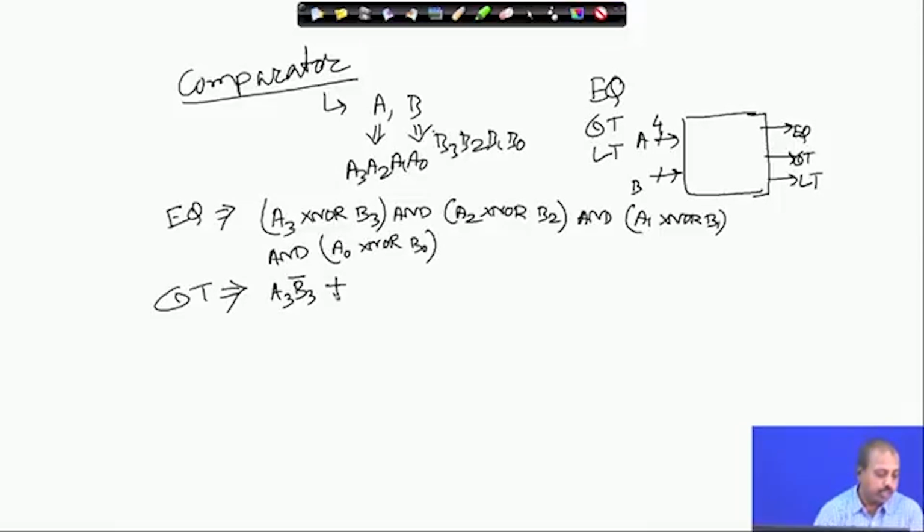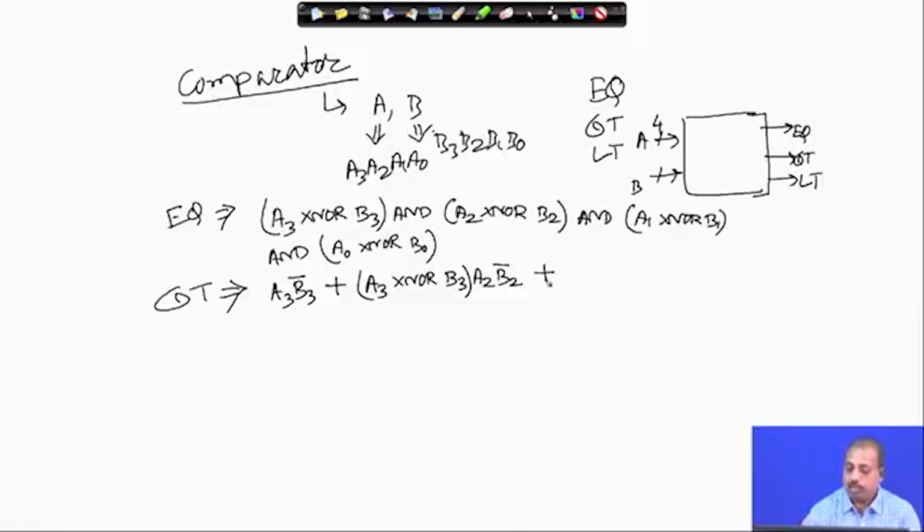So, the next condition is A3 XNOR B3, and after that A2 B2 bar. This is the next condition for the greater than term to be true.